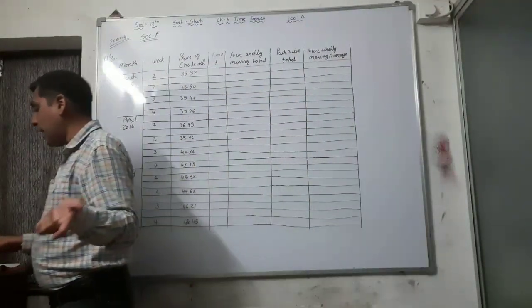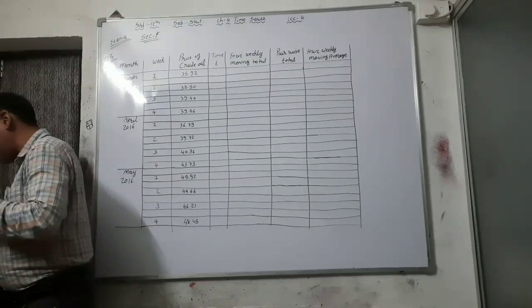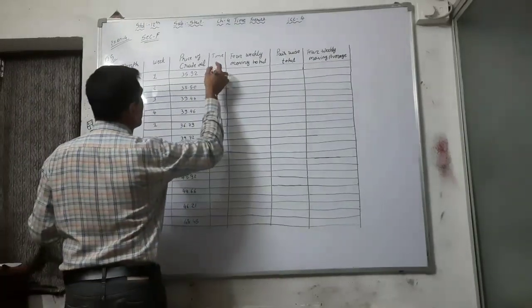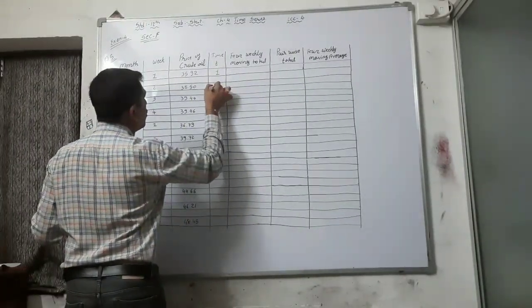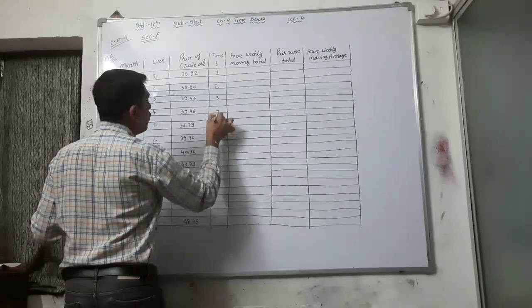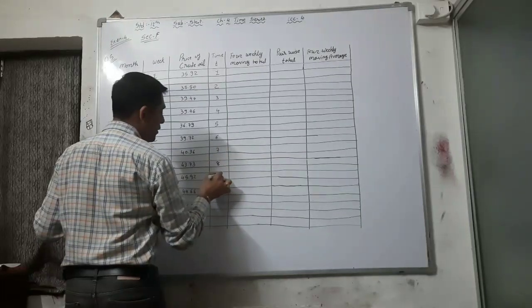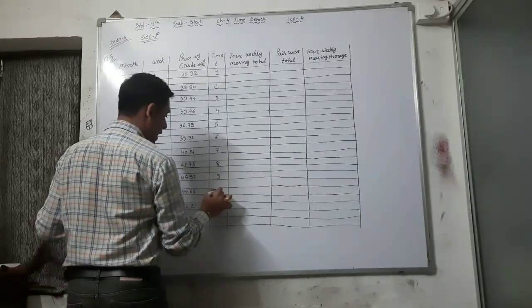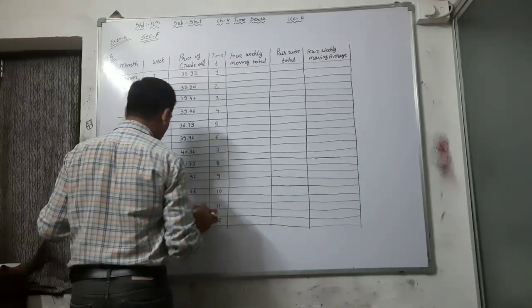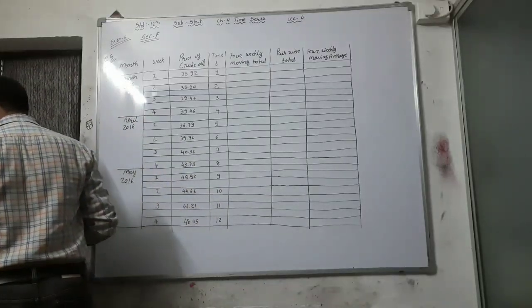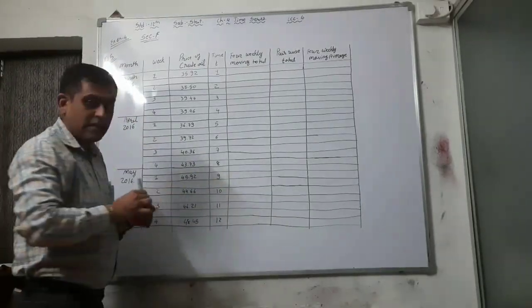Here in illustration 10, I am not writing it; here I am writing it. So both methods are there. 1, 2, 3, 4, 5, 6, 7, 8, 9, 10, 11 and 12. So a total of 12 weeks of data is given.